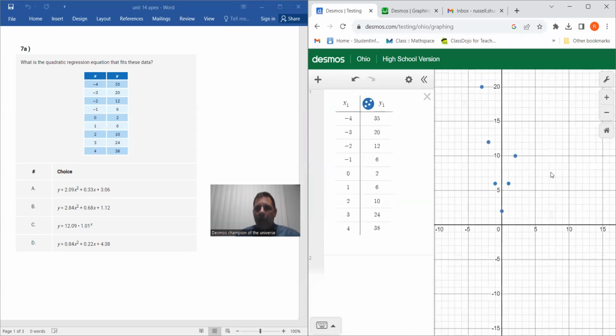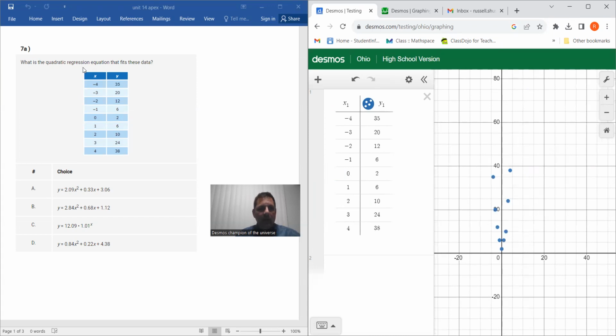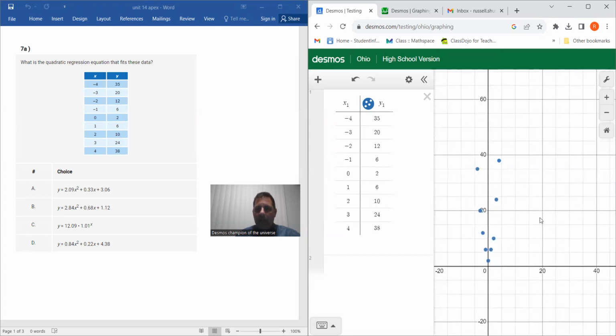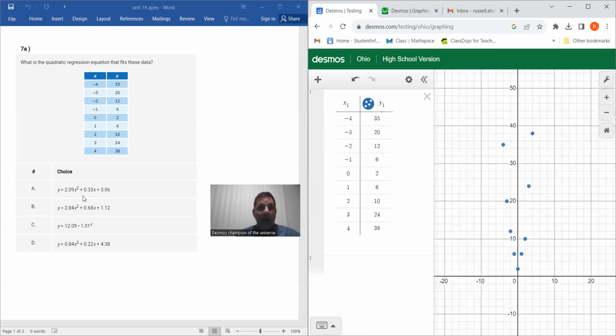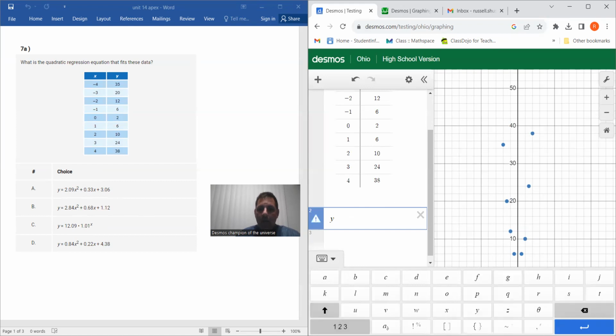And again, we look here and we see these points plotted out there. And we want to find a quadratic, or the parabola, that most closely goes through those. So we notice the form here: something x squared plus something x plus something. So let's go in and we'll say y. But remember, it's not going to be perfect.